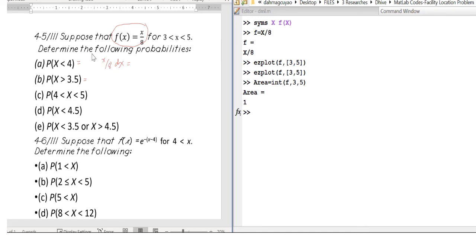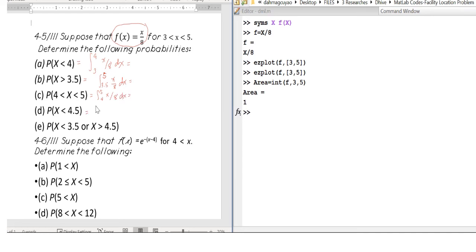So it would be from 3 to 4. While letter B is greater than 3.5, so it would be from 3.5 to 5 of x over 8 dx. While this one is the integral from 4 to 5 of x over 8 dx.